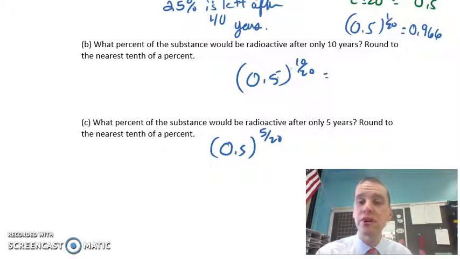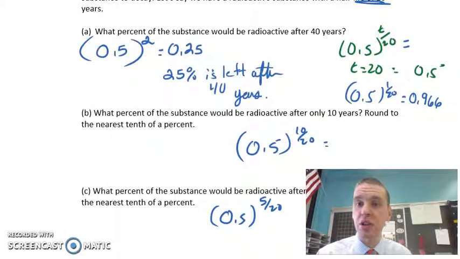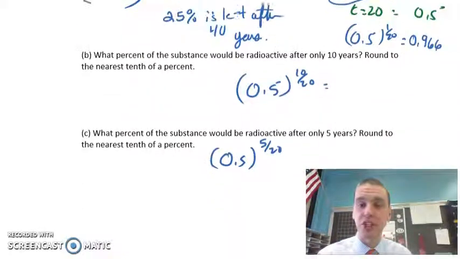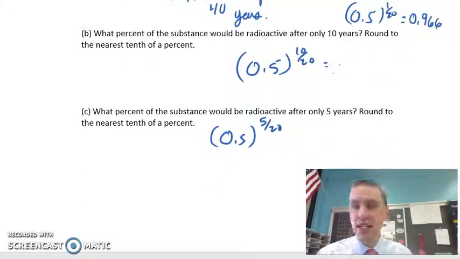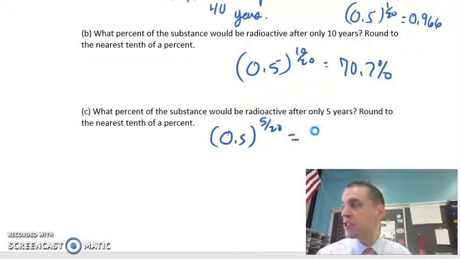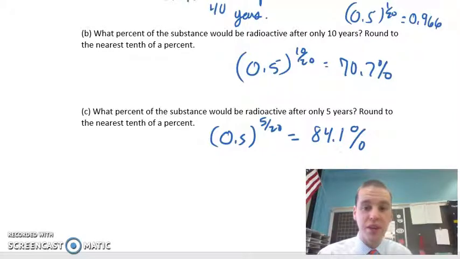You can just do 0.5 raised to the 10 over 20, because we know that this is the expression for how much of the amount of substance is left. So the answer to this one is 70.7%, and for this one, 84.1%.